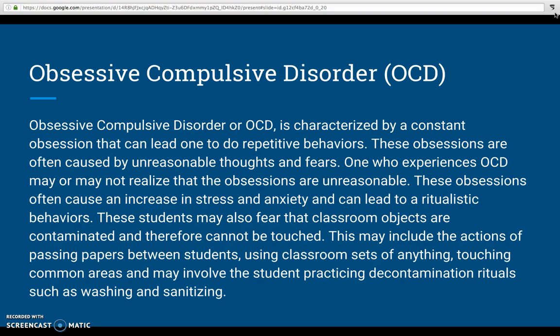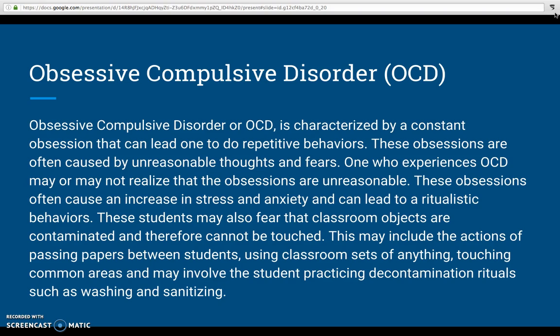These obsessions often cause an increase in stress and anxiety and can lead to ritualistic behaviors. These students like rituals and like everything to be set ahead of time, and any changes to that can set them off and cause them to be anxious or very nervous and cause them to have different anxiety attacks.